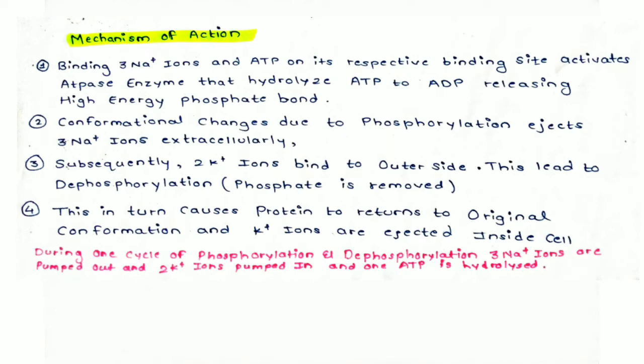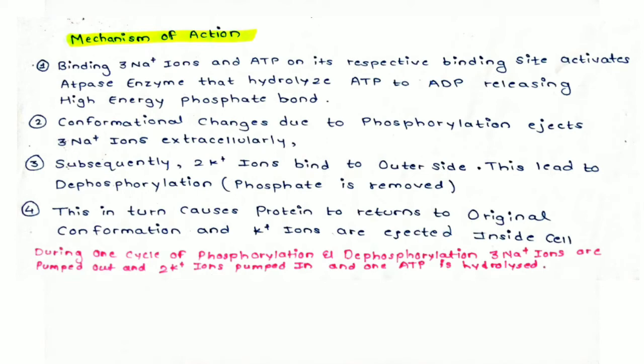This brings a conformational change due to the phosphorylation and ejects 3 sodium ions extracellularly, meaning out of the cell. Subsequently, 2 potassium ions bind on the outer side, which leads to dephosphorylation, meaning the phosphate group is removed, and this in turn causes the protein to return to its original conformation, and the potassium ions are released inside the cell.